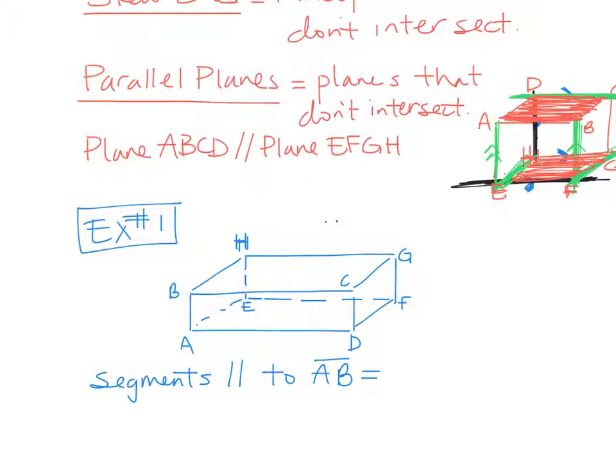Okay, so I want everything that's parallel to this segment, that red segment. What would be parallel to that? GF would be 1. Yep. HE would be 1. And CD would be 1. Okay, can you see that? Those are all the parallel segments, okay?